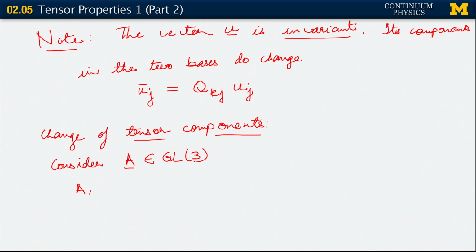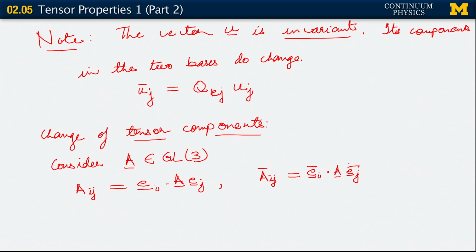We can write Aij as Ei dotted with Aej, or we can write its components in the barred basis as A bar ij equals E bar i dotted with A E bar j.